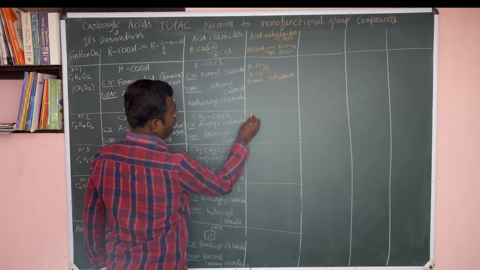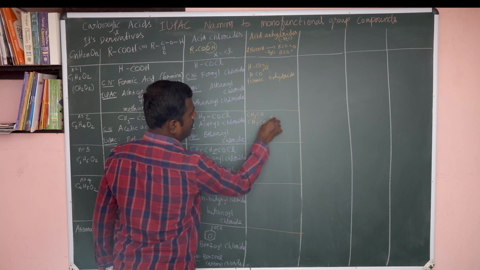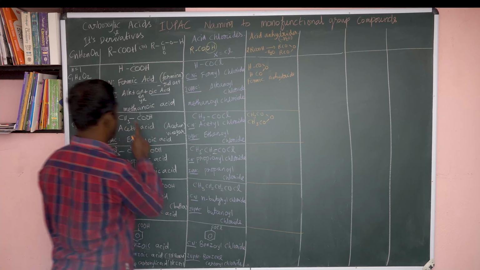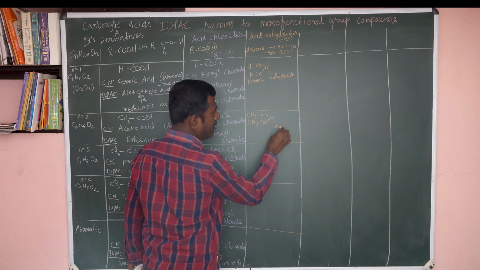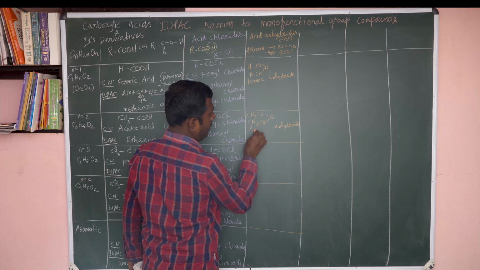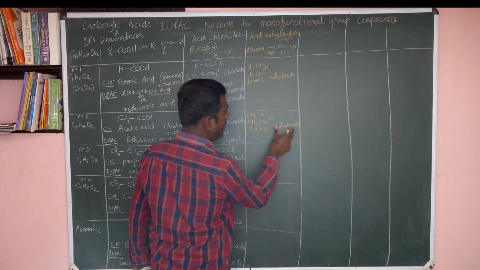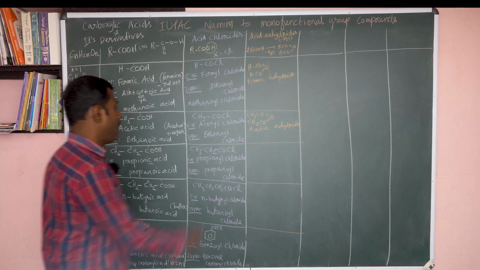And the anhydride of acetic acid: CH3CO, CH3CO, two molecules of acetic acid minus water. So this is the anhydride of acetic acid. Acetic is written, and instead of the word acid, anhydride is given. So acetic anhydride. And what about this?